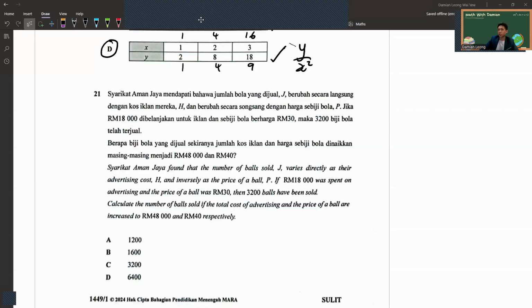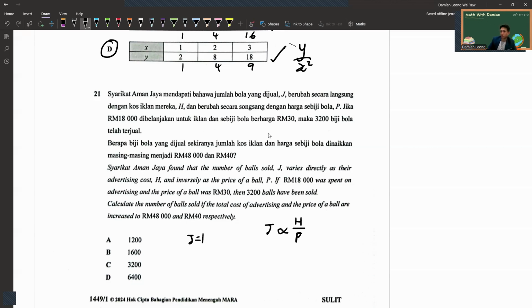Then question 21. Sharika Amanjaya found that the number of balls sold, J, varies directly as the advertising cost, H, and inversely as the price of a ball, P. So J varies directly as H and inversely means over P. 18,000 was spent on advertising and the price of a ball 30 ringgit, 3,200 balls sold. So you can use the equation method or the proportion method, it doesn't really matter. Let's say we use the equation method.